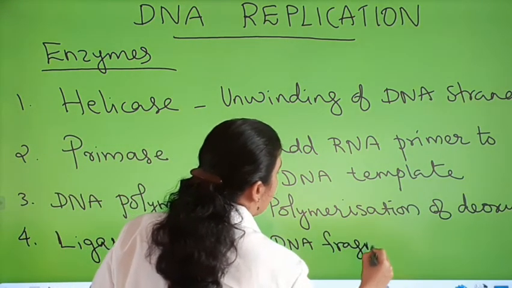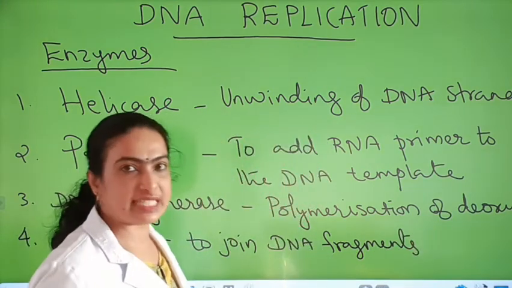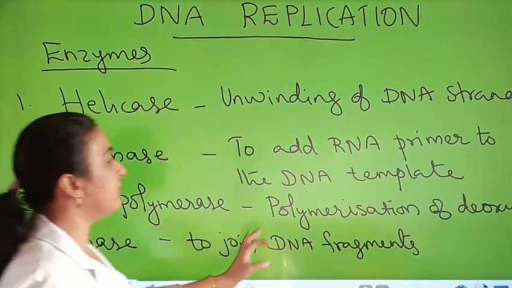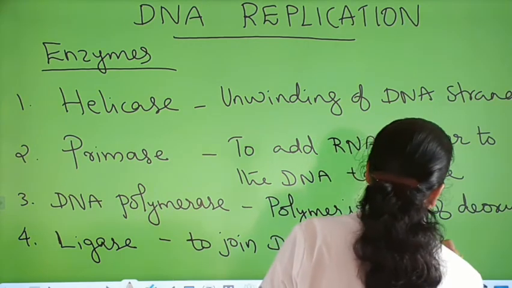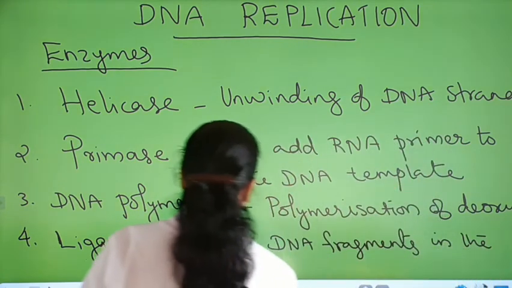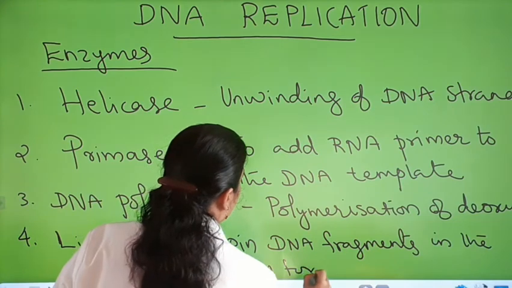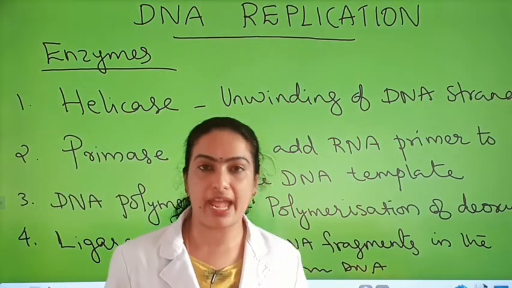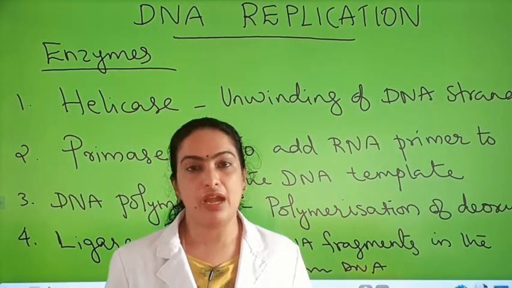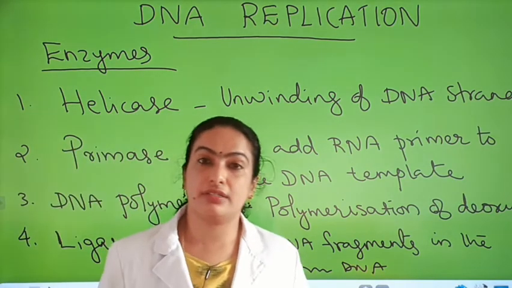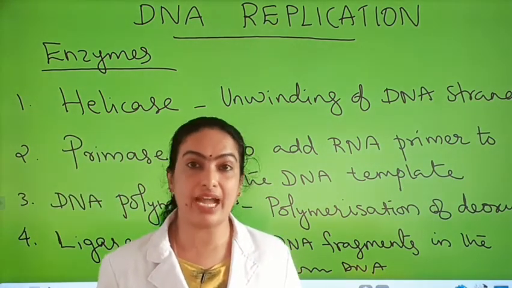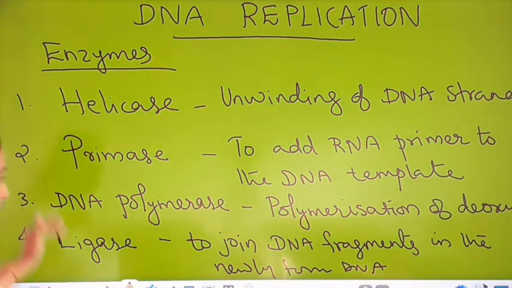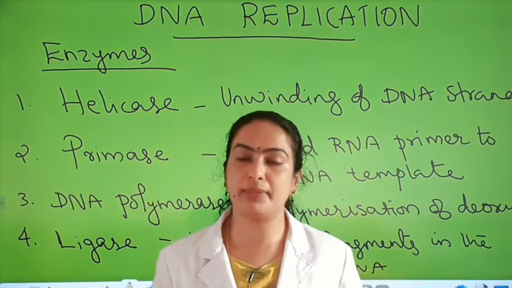In some cases, some fragments are formed in the discontinuous strands, the lagging strands, on the 5' to 3' template strand, as I will teach you, and these fragments can be joined together by this enzyme ligase. Is it clear about the enzymes involved in this replication process?